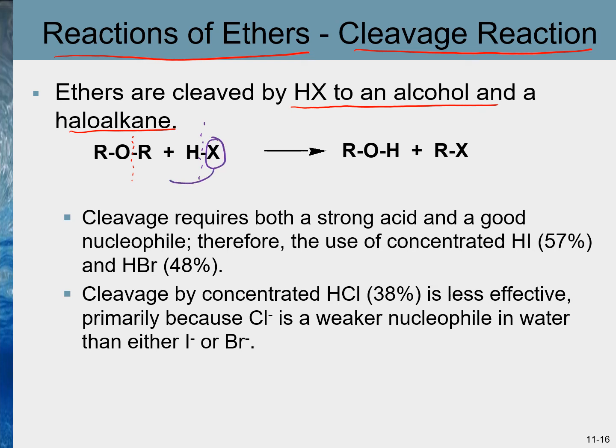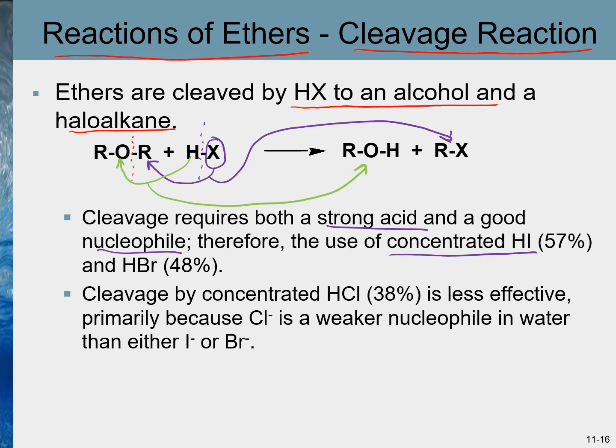The halogen will create a covalent bond with the alkyl group, and hydrogen will bind with the oxygen to create alcohol, and the other product will be alkyl halide. This cleavage reaction requires both strong acid and a good nucleophile. So therefore, concentrated aqueous hydroiodic acid or concentrated hydrobromic acid are perfect acids which can be used in this cleavage reaction.